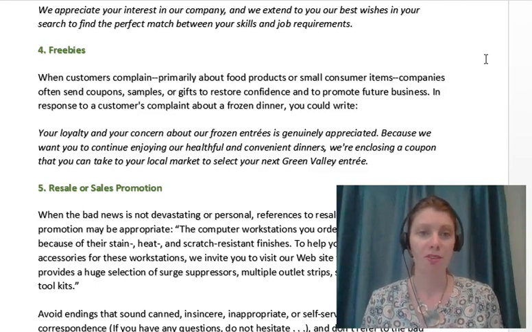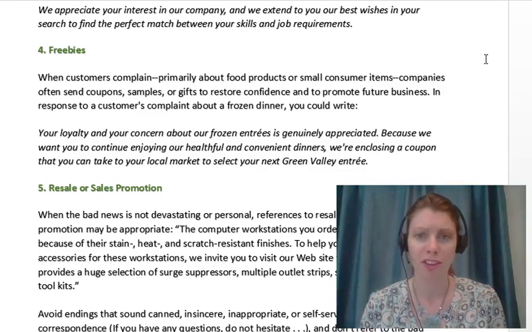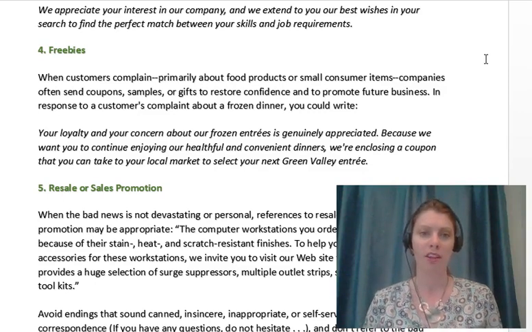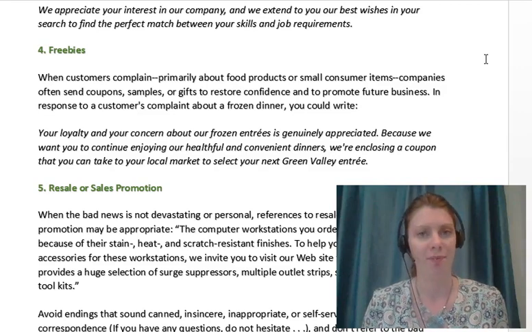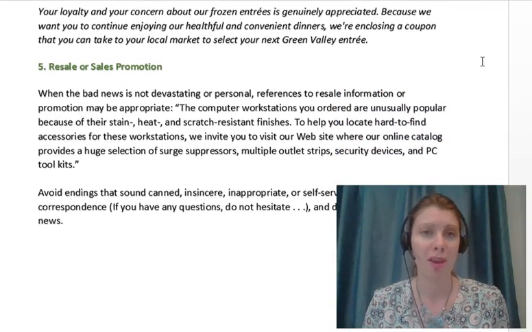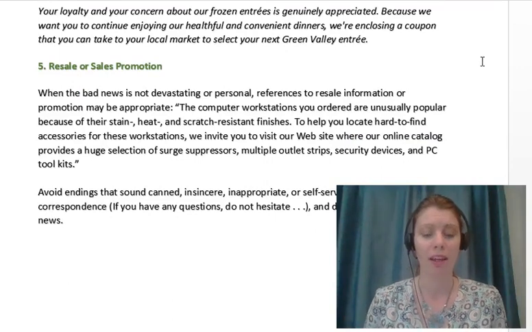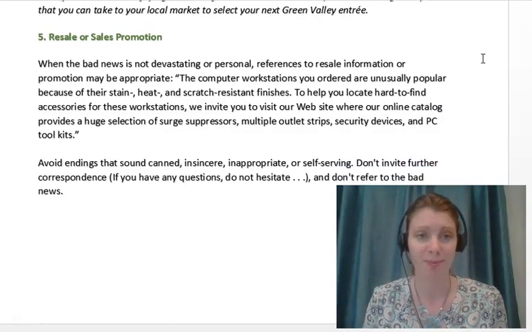So in response to a customer's complaint about a frozen dinner, you could write something like, "Your loyalty and your concern about our frozen entrees is genuinely appreciated because we want you to continue enjoying our healthful and our convenient dinners. We're enclosing a coupon that you can take to your local supermarket to select your next Green Valley entree." I'm sure people have had experience with this. You may even have your own examples of times you've complained and gotten something for free because of it.